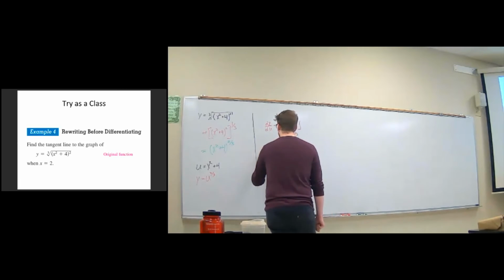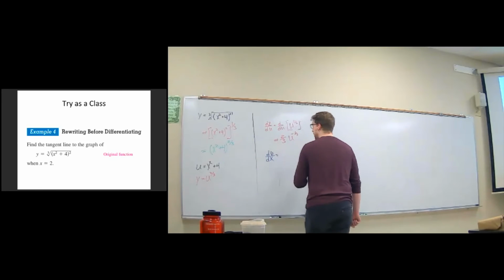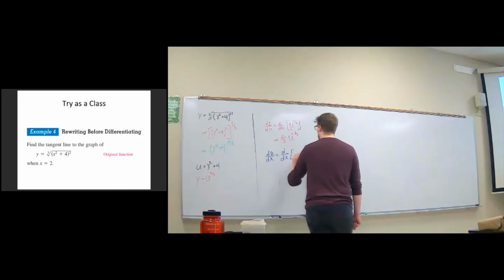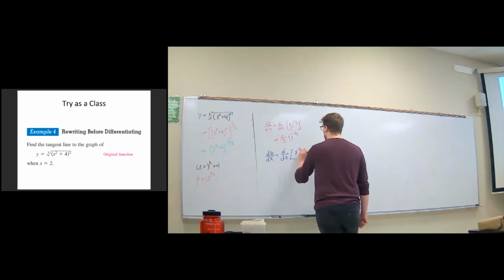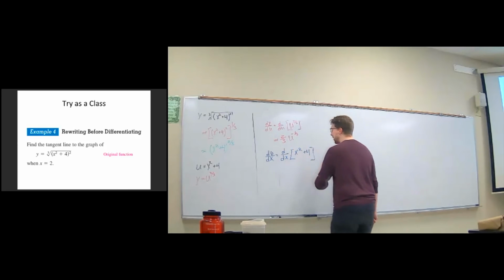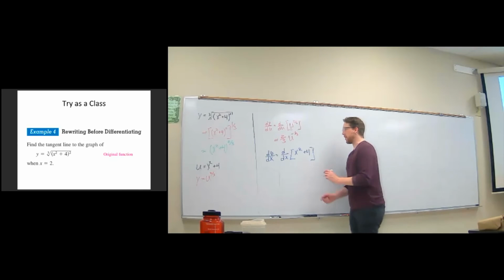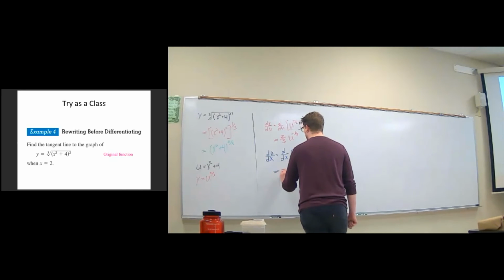Now, du dx, that's d dx of x squared plus 4. This is going to be equal to just 2x.